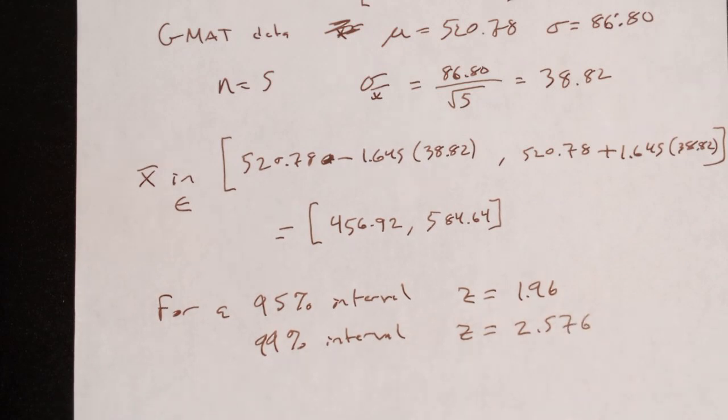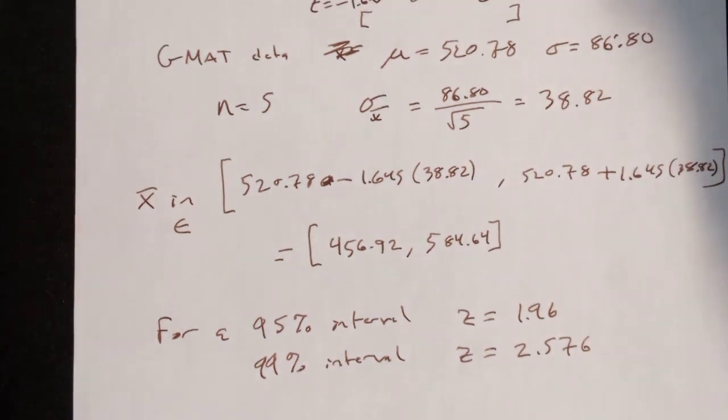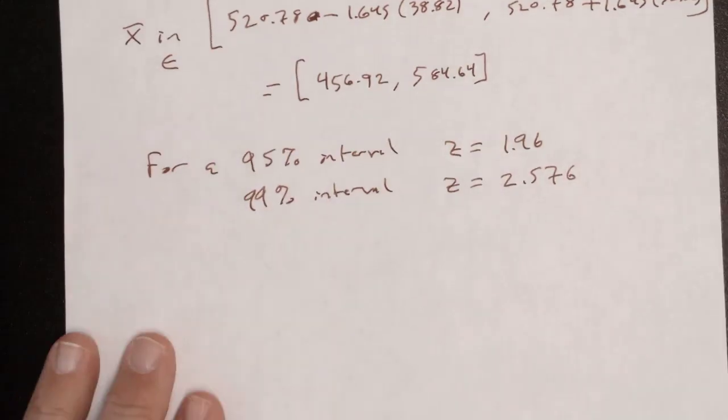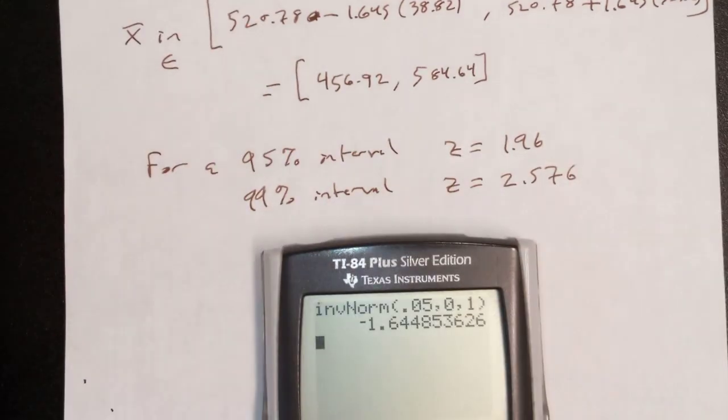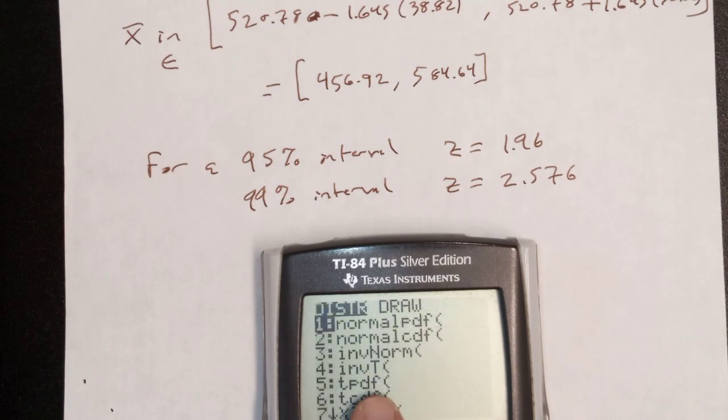Now, I can also get these numbers without using the table if I use Excel or I use my calculator, because on the calculator, these come from taking the normal inverse setup. So the calculator command is inverse normal, which is hidden under our distribution menu.